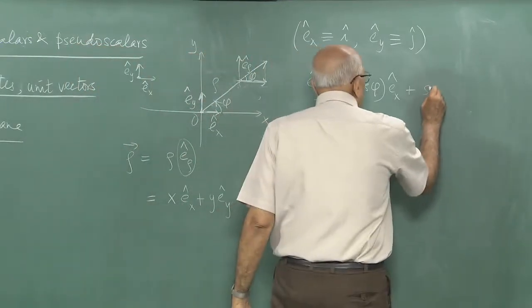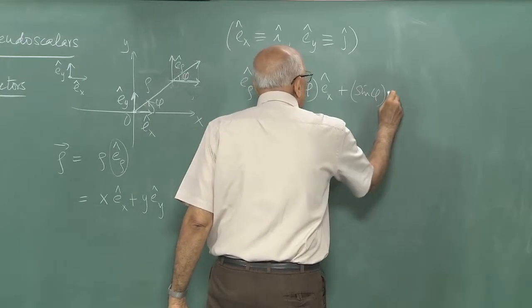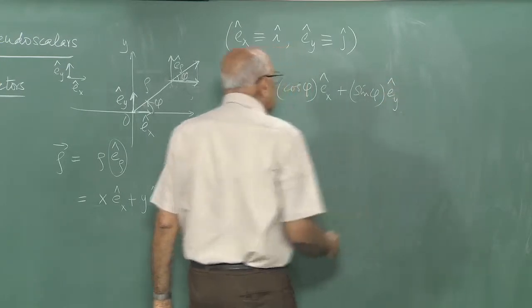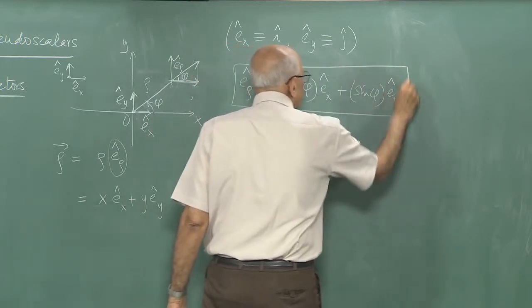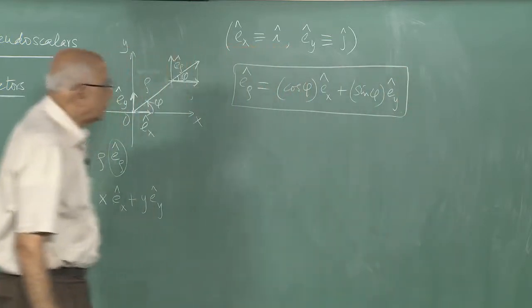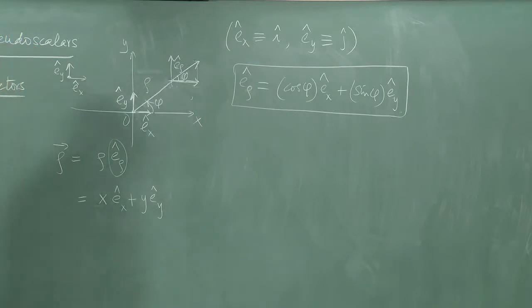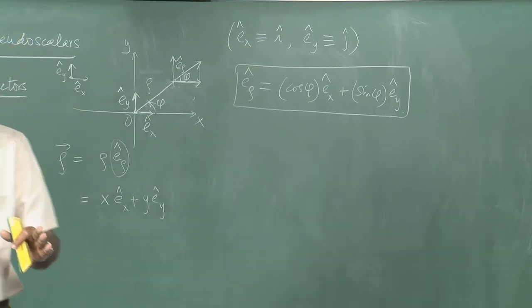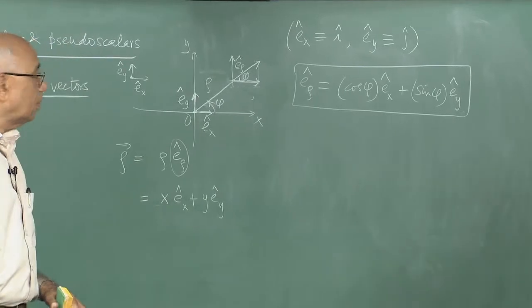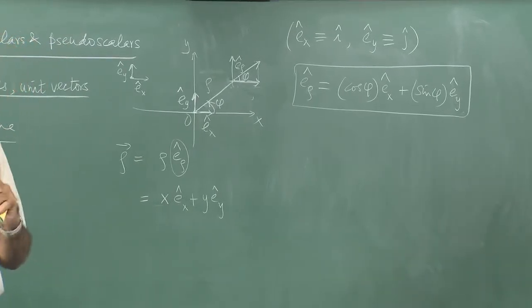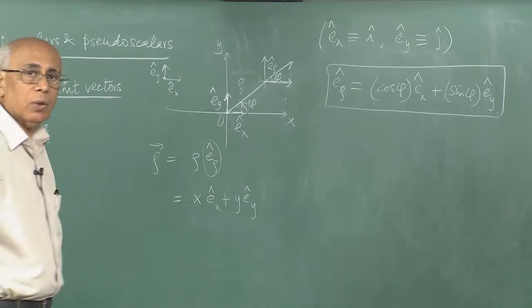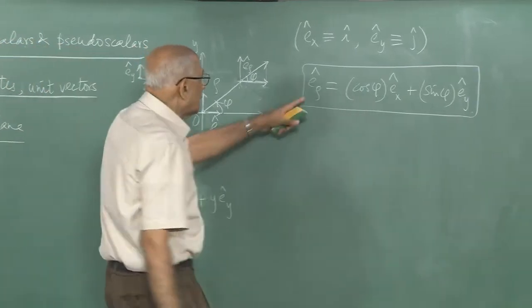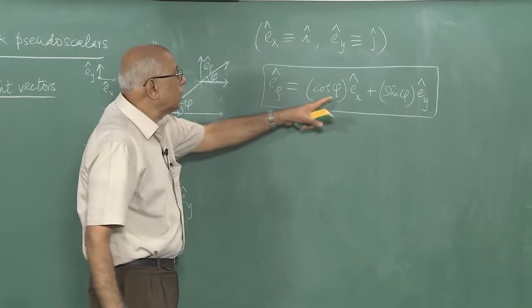So this is sin phi times Ey. That is a basic relationship, and it immediately tells you exactly what I have been saying all along, namely that the unit vector in plane polar coordinates is going to be dependent on the position on the coordinates themselves. In this case, it turns out that E rho is a function of phi.